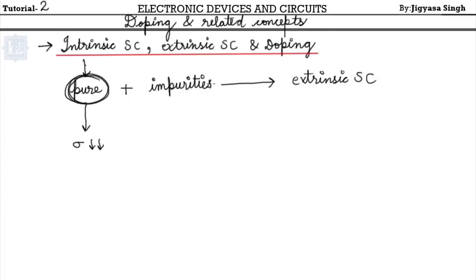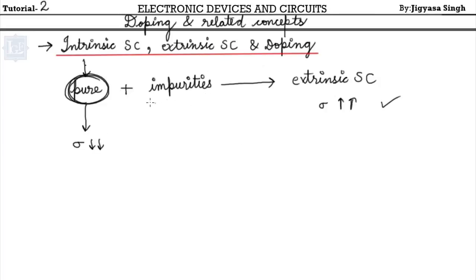Impurities are very bad, but not in the case of semiconductors. The conductivity of this was good. It got some very good electrical properties, so it has very good uses. To the pure intrinsic semiconductor, we added some impurities and it gave us extrinsic semiconductor.